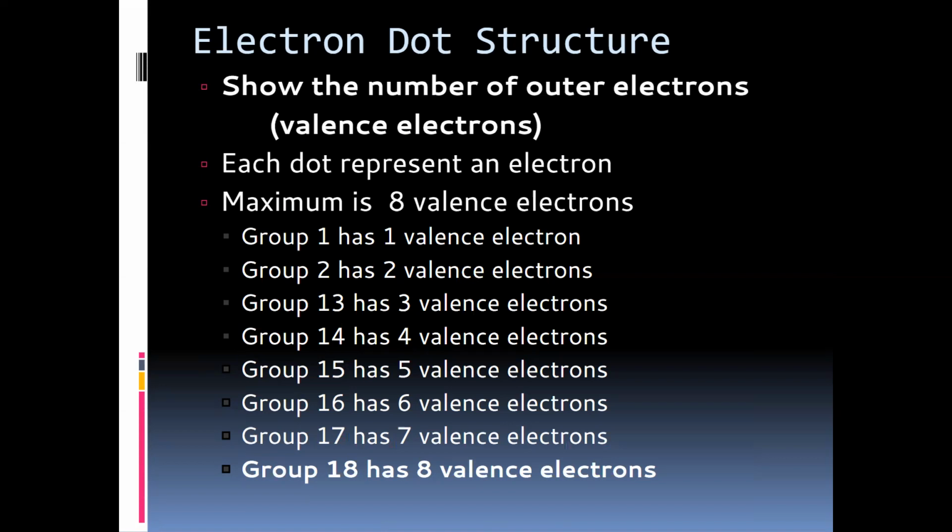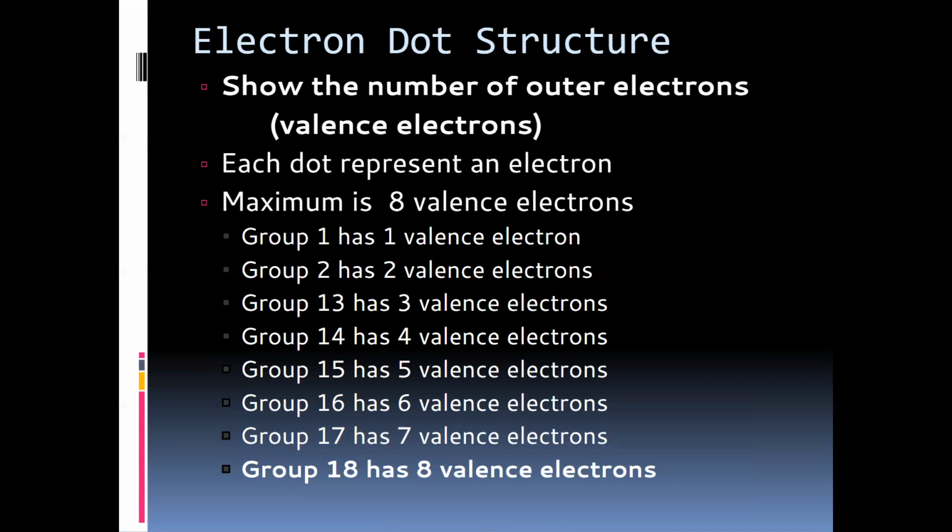If an atom is found in group 1 on the periodic table, when that atom ionizes or gains a charge, something's going to happen with its singular valence electron. So group 1 always has 1 valence electron. Group 2 is going to have 2. Group 13 has 3, group 14 has 4, 15 has 5, etc., all the way up to 18, which has 8 valence electrons.